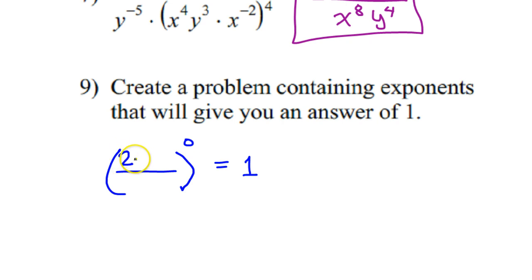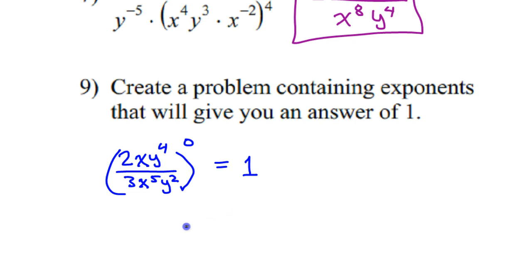So here I have 2x y to the 4th power over 3x to the 5th power y squared. But because it's all to the 0 power, it's going to equal 1. So there's lots of things you could do, but that's the main idea, using the 0 power to give you 1.